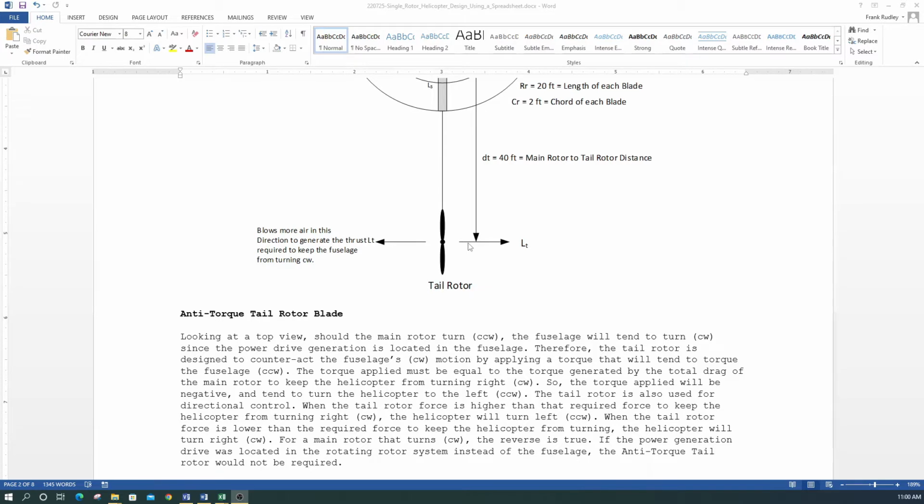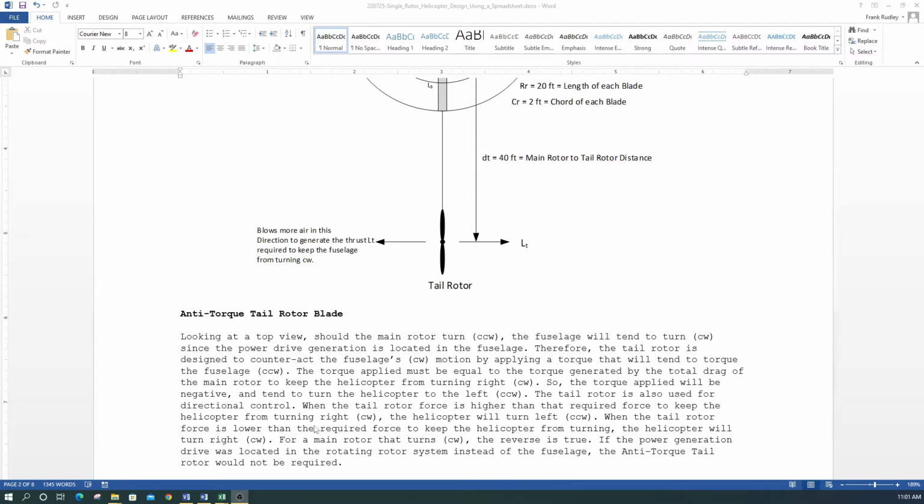If I want to turn the helicopter to the left, I increase this thrust, and the helicopter will turn more counterclockwise. If I want the helicopter to turn to the right, I'll reduce this, and this will turn the nose to the right. So you're actually reducing this thrust, and then because of the torque from the drag of the rotor, that'll make the helicopter turn to the right.